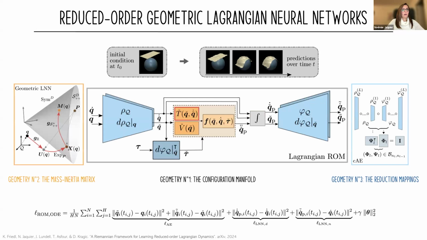We train this system by minimizing the reconstruction error for the autoencoder. This is the part of the loss you have on the right. Then we minimize the error of the Lagrangian network in the reduced order space. This is the one that you have in the middle. And then we also minimize the prediction error in the high dimensional space, which is the third part of the loss.